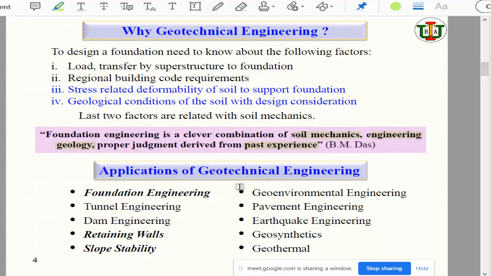In the application of geotechnical engineering, you can see there are so many applications. Actually, no structure is possible without the soil, right? Any structure needs to rest on soil, either inside the soil or on the soil.